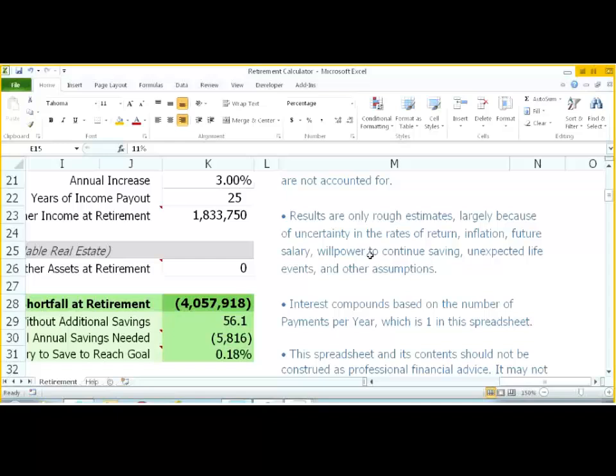So there's a lot of variability. And so you might get lucky and inflation's low and the stock market's good and you don't have any huge costs in your life, and you may luck out. Or you may have the other side of the thing and you don't luck out, and you really can't predict. Life is uncertain.